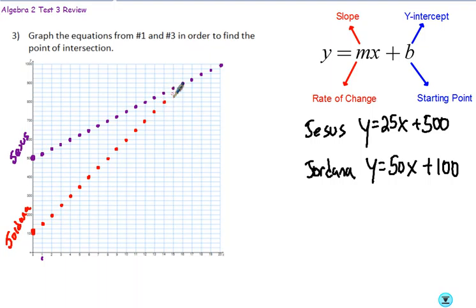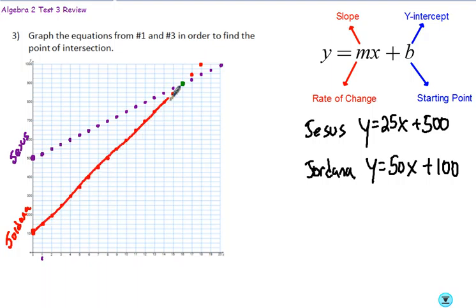So up 2 over 1. So it looks like we're almost there. Up 2 over 1. So they meet. And then look at this. She passes him up, and now has a line that's steeper than his. So where those two lines meet, or where they cross, is that point right there.